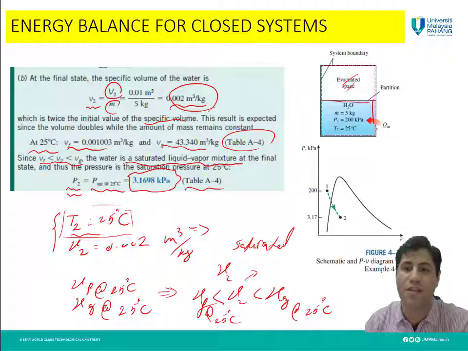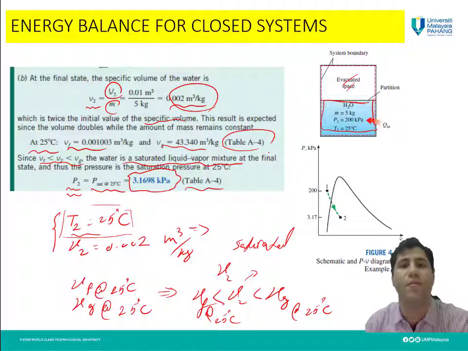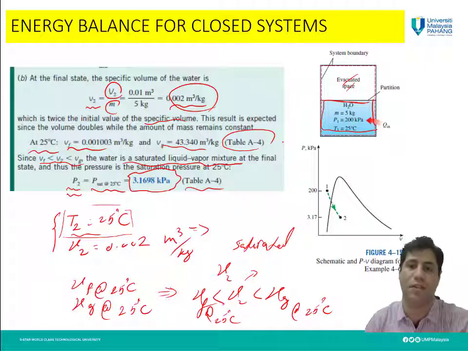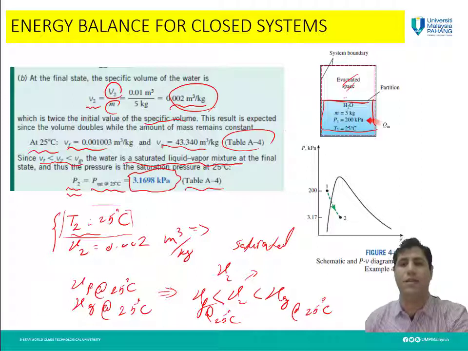If we just select this part as our system, we couldn't solve this easily, because we could not include the other part, and we couldn't calculate the boundary work here.